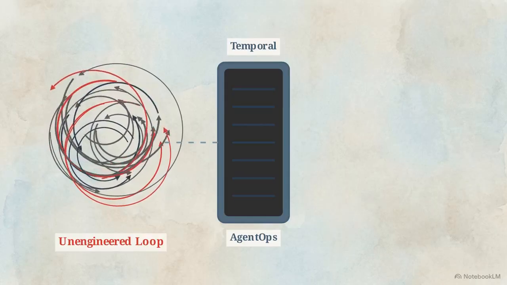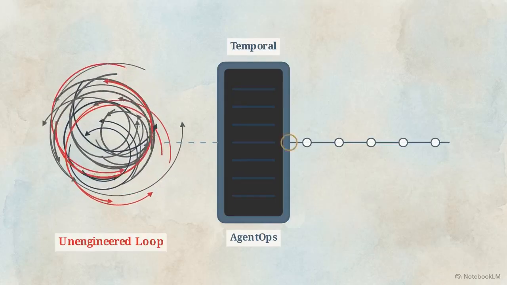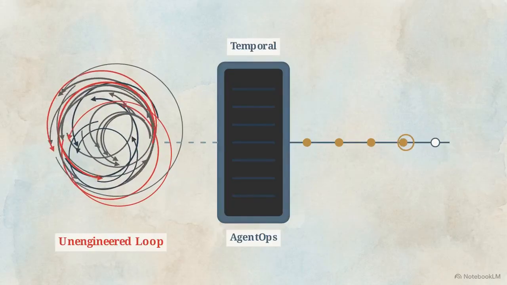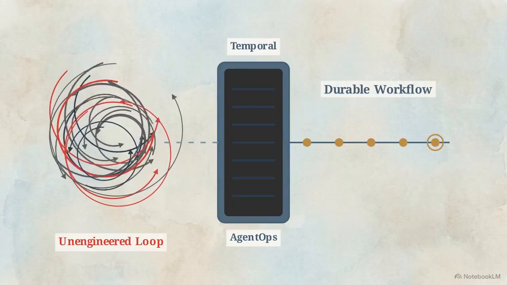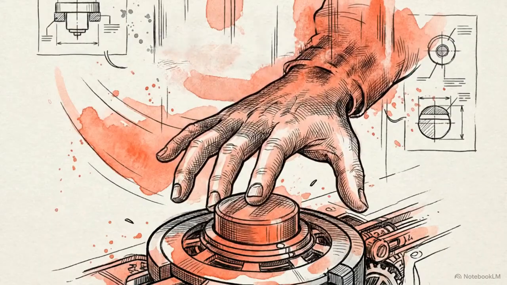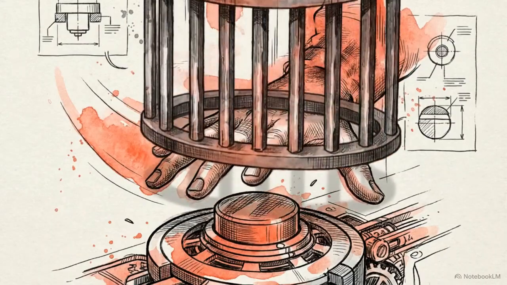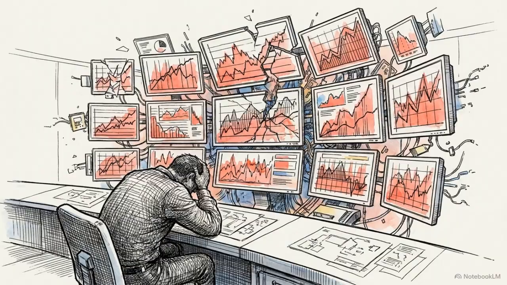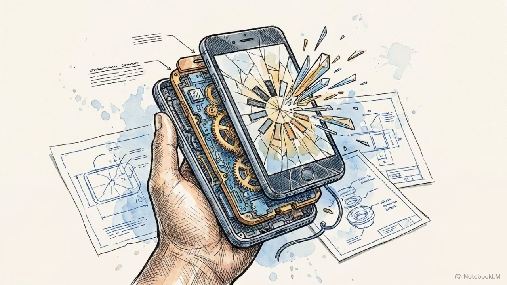Battle-tested open-source primitives like Temporal and AgentOps finally allow engineers to implement durable workflows and granular per-iteration state tracking. Because these primitives exist, there is no longer any valid engineering excuse for shipping unengineered loops to production. Teams that fail to adopt this discipline will spend the next 6 months discovering critical loop failure modes one by one in the worst possible environment, live, customer-facing deployments.